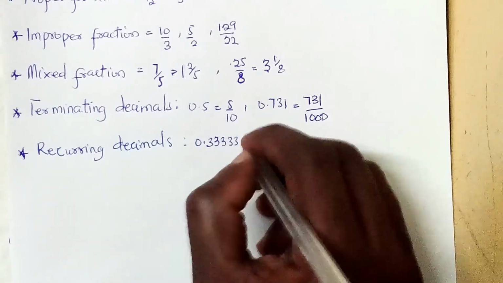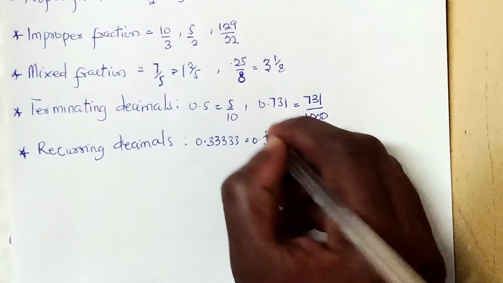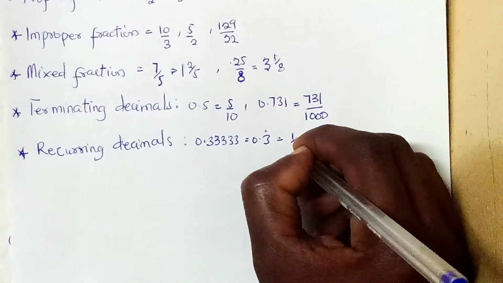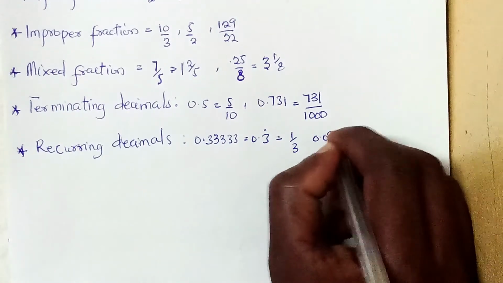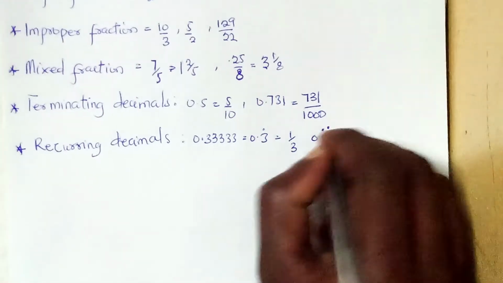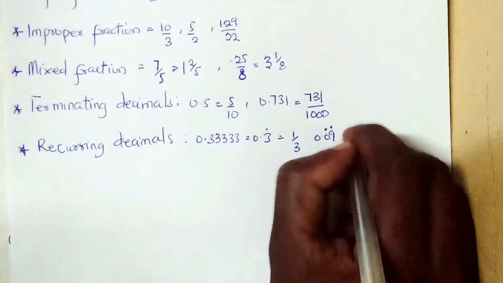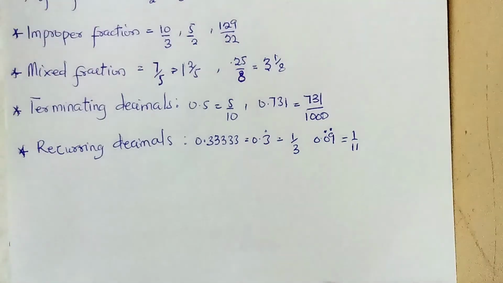With this, we can write it as 0.3 with a dot on top, which is gained from 1 over 3. Another recurring number is 0.09, of which both the 0 and the 9 are recurring. When you solve 1 over 11, you are going to get 0.09090909, and it continues to infinity.